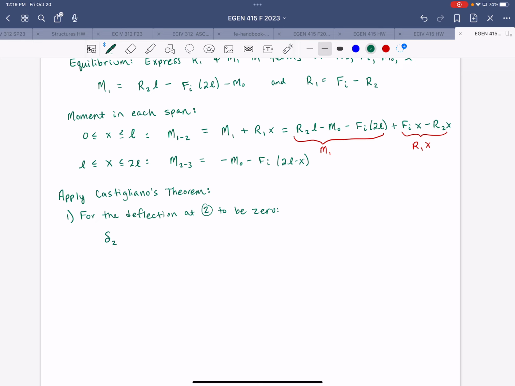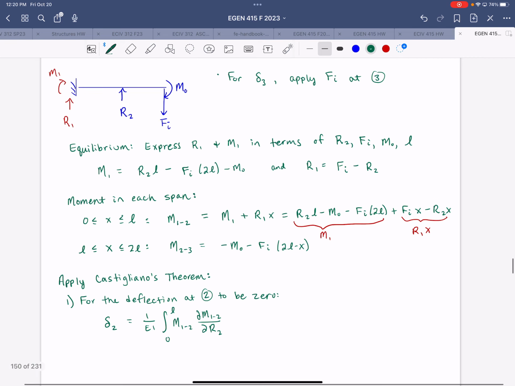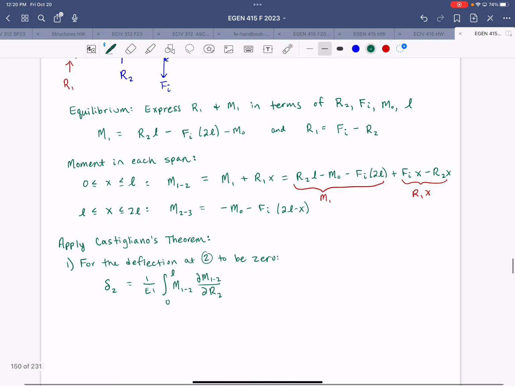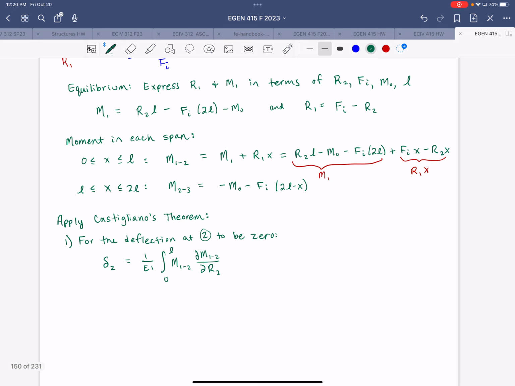So we've got delta 2 is 1 over EI times the integral from, for the first region, 0 to L. We'll have M12 times the partial derivative of M12 with respect to R2, right? So we don't need the fictitious force because we're taking everything with respect to the vertical force at node 2, which is R2.